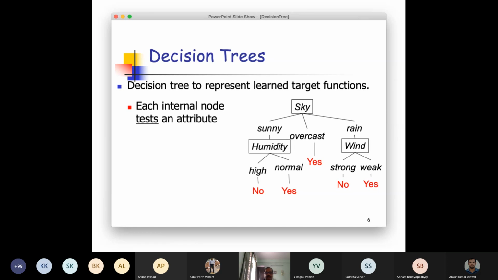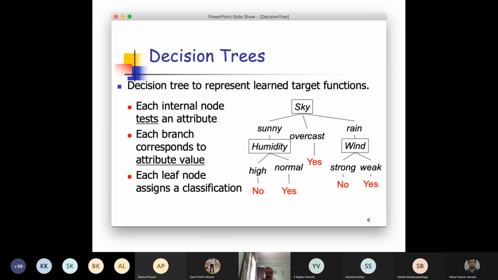If I just summarize what I said: each internal node tests an attribute. That is the step of computation of a decision tree. Then each branch corresponds to an attribute value, and each leaf node assigns a classification. It can be represented by logical formulas, as we have already seen.